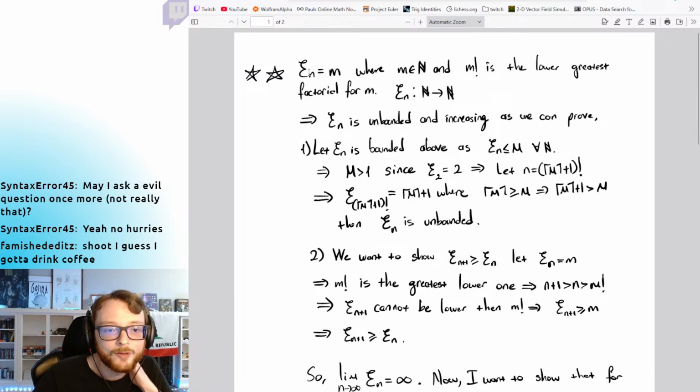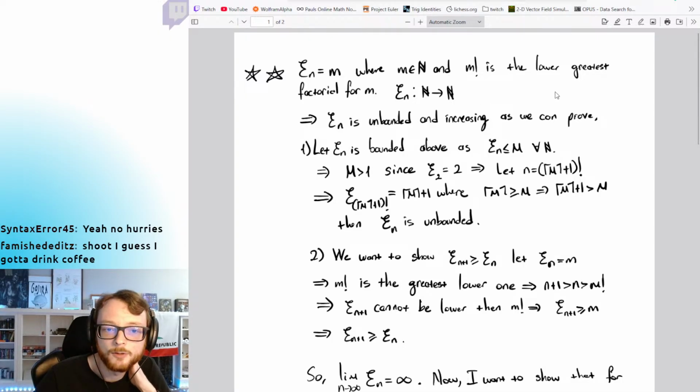So I assume that's psi sub n equals m, where m is a natural number, m factorial is the lower greatest factorial. What is lower greatest factorial?